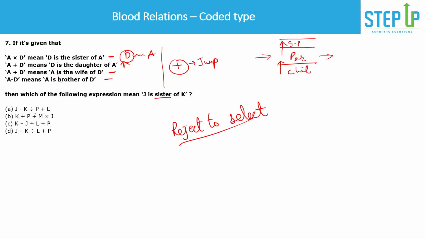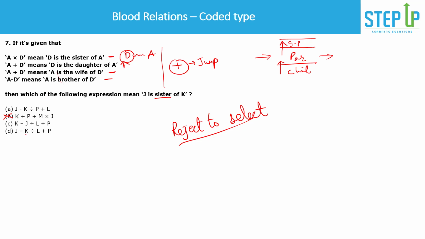Now let's look at options to eliminate. So for example, J, K are here. There are two pluses. In fact, this means that K would be 2 generations above J. Then how can this be sister? That means this can be directly rejected. But all the other cases, if you see J minus K, K minus J, J minus K, they are all just by 1 minus. And minus also here actually means brother, that means in the same generation. So through this one we eliminated one. Now we eliminate some options through the gender.